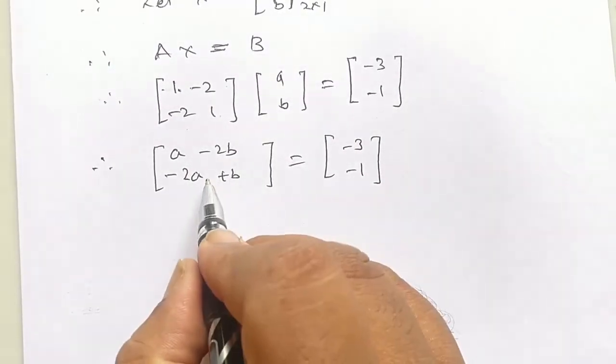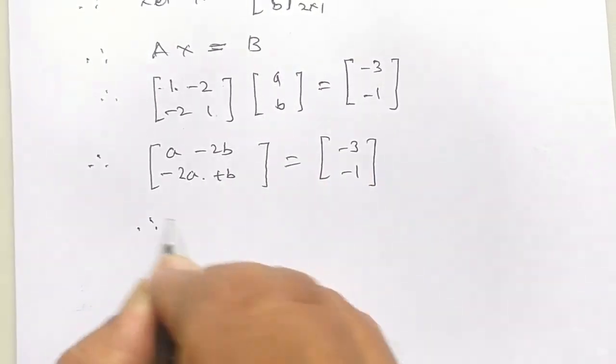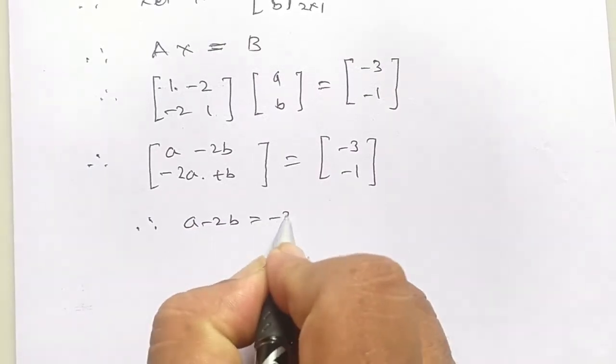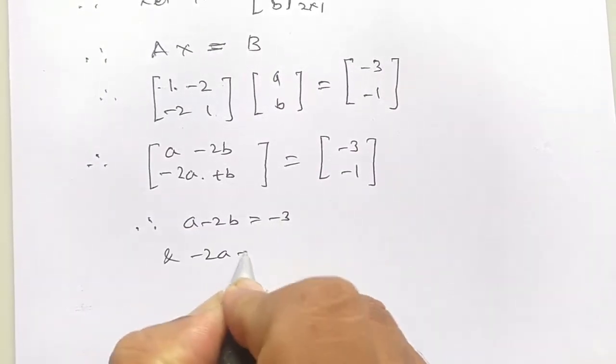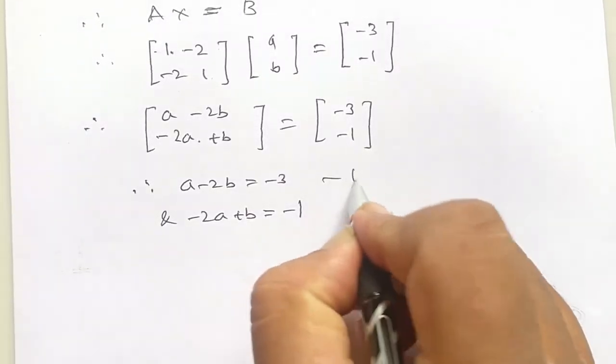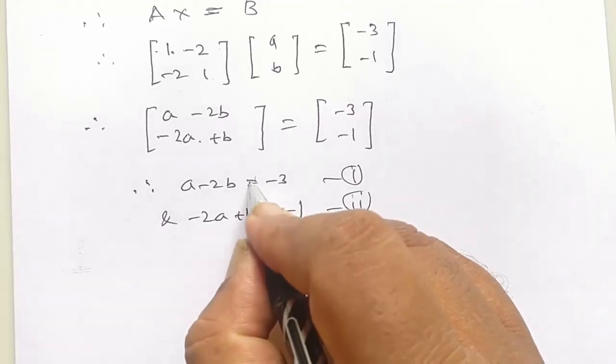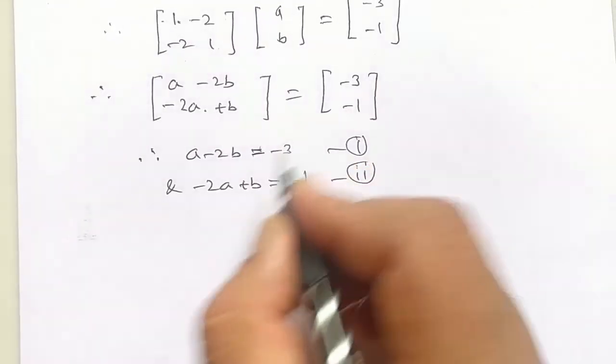So by equality of two matrices, corresponding elements are same. Therefore, A minus 2B is equal to minus 3 and minus 2A plus B is equal to minus 1. Now this is equation number 1 and this is equation number 2. We solve this equation by simultaneous equations.